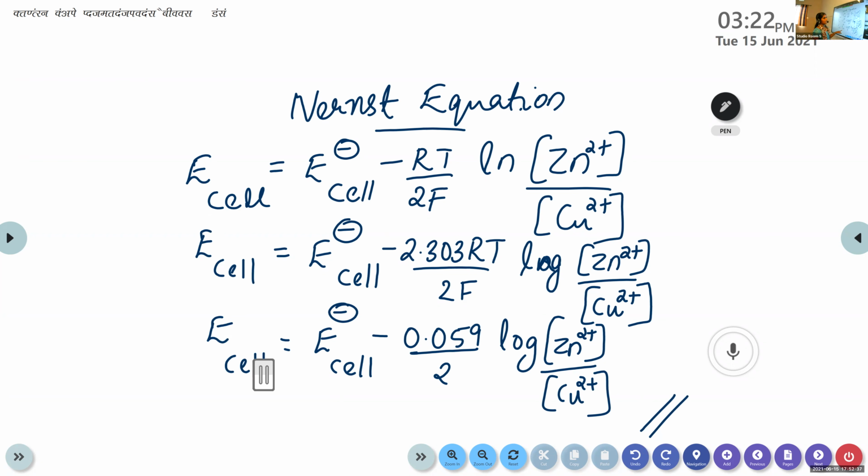E° cell is the standard cell potential. R is the universal gas constant. T is the temperature. F is Faraday's constant. Then the concentration of Zn2+ and the concentration of Cu2+.